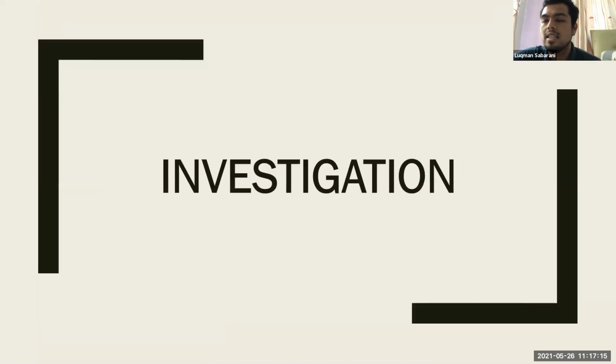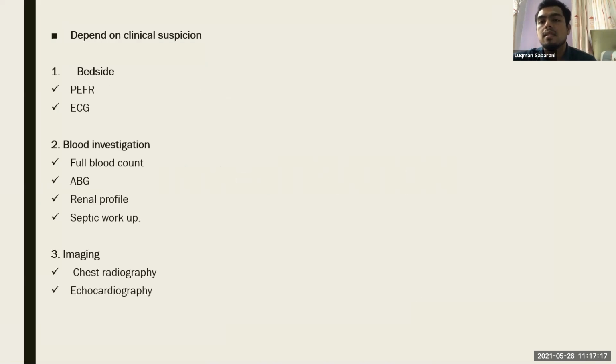Next is investigation. Basically, the investigation done depends on clinical suspicion. We can do bedside investigations, for example peak expiratory flow rate and ECG. For blood investigations, full blood count, arterial blood gases, renal profile, and septic workup if we suspect the patient has sepsis.